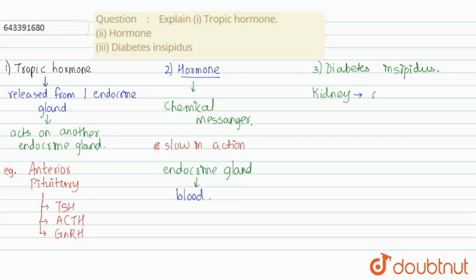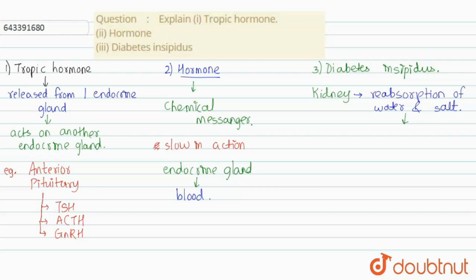Along with water, salt is also reabsorbed, because whenever water is absorbed, salt is absorbed with it. So the reabsorption of water and salt takes place in the kidney.